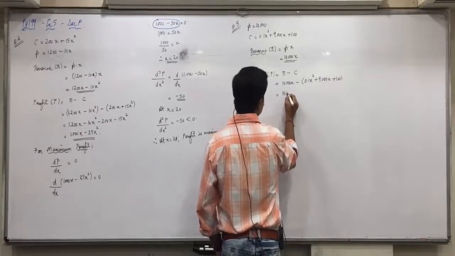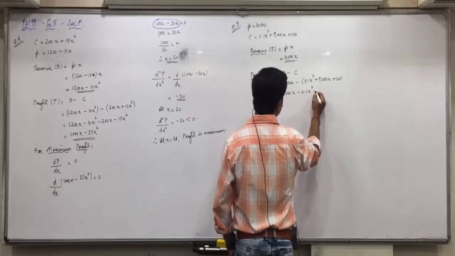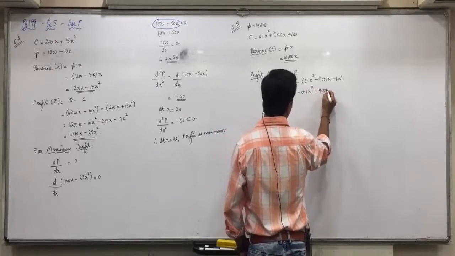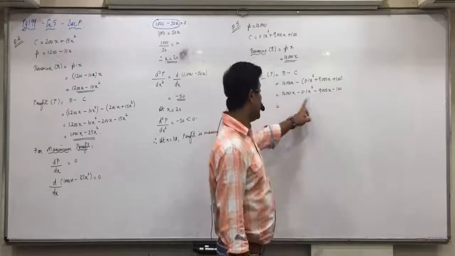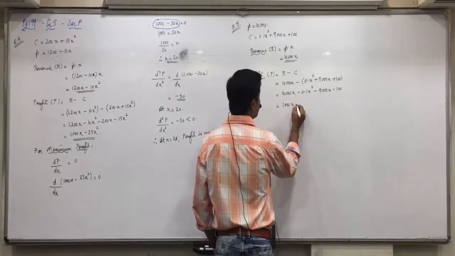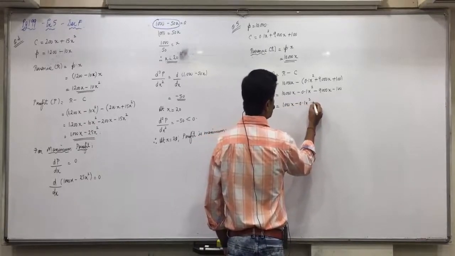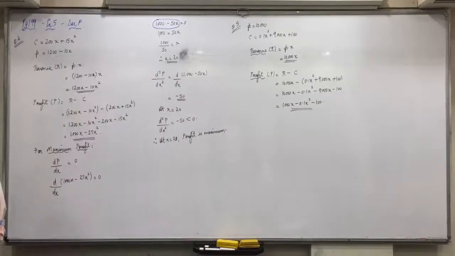If you open the brackets, 10,000x minus 0.1x square minus 9,000x minus 100. Now 10,000x minus 9,000x is 1,000x, minus 0.1x square minus 100. Any confusion in this? So the profit function is obtained.